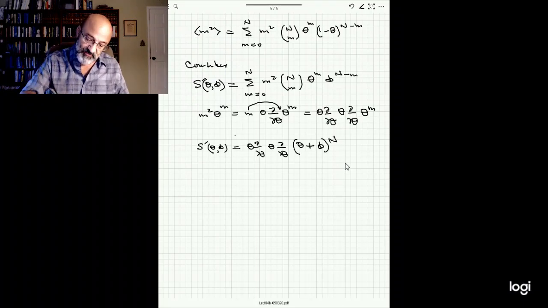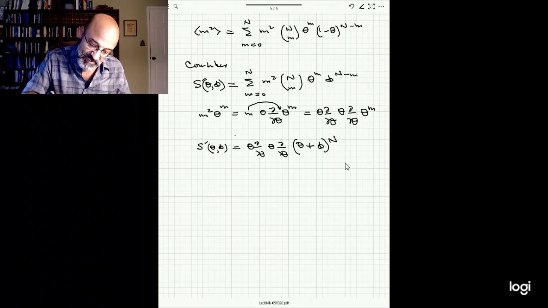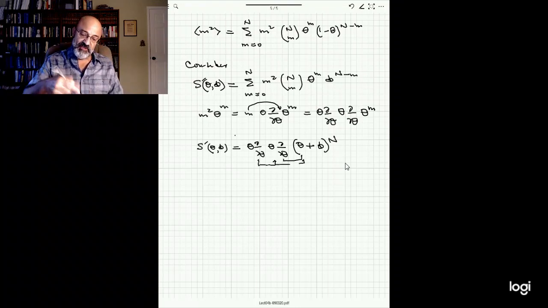Now you have to be careful here that this d theta acts here, but this d theta acts both there and there. You have to keep track of all of those things.